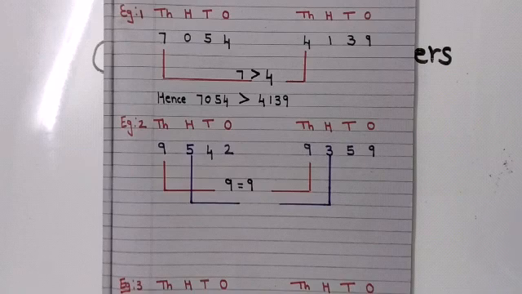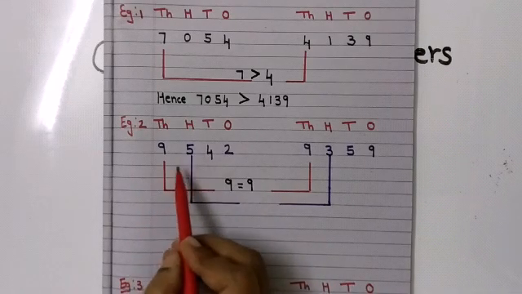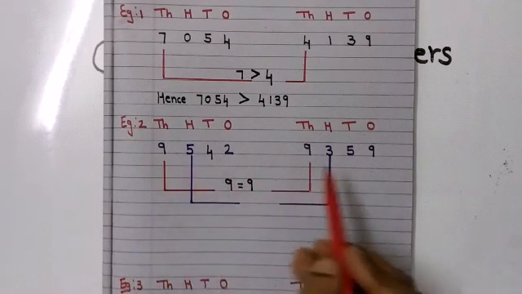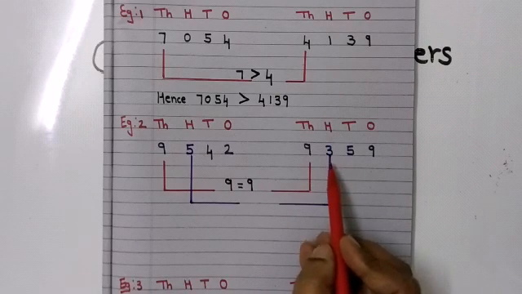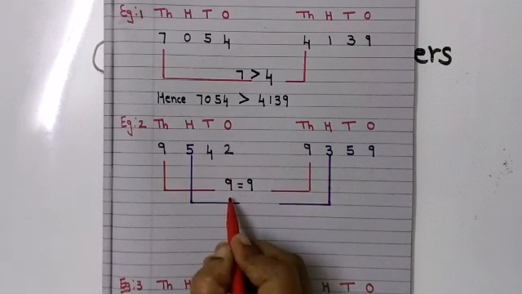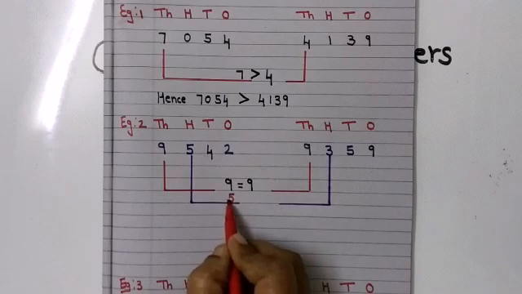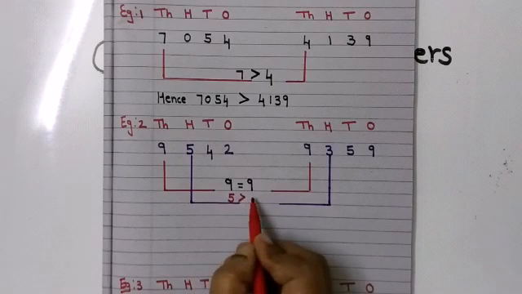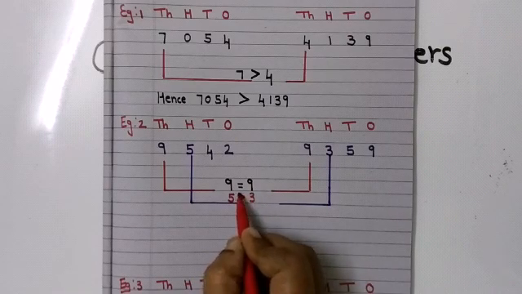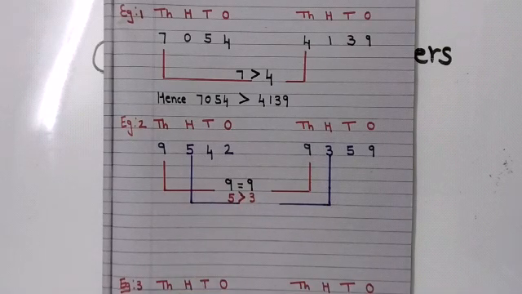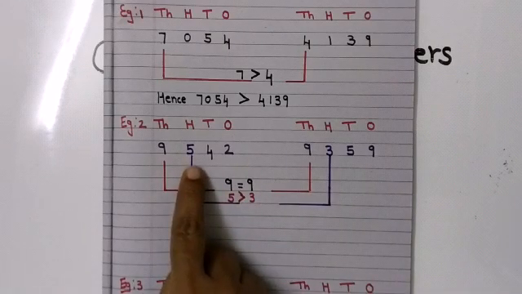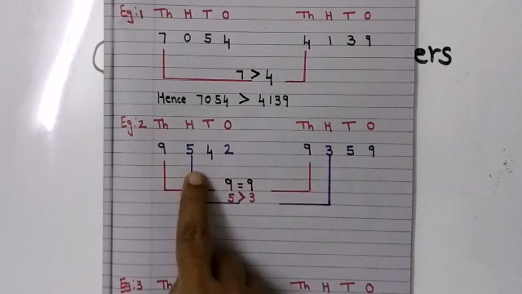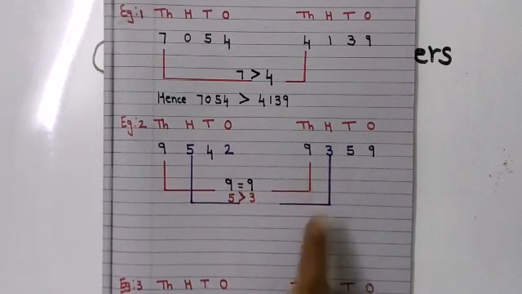Now come to the next place, that is the hundreds place. Here I have 5 and here I have 3. So what can I say, children? I can say 5 is greater than 3. Correct? So when 5 is greater than 3, that means in the hundreds place, this digit is greater than this. 500 is greater than 300.